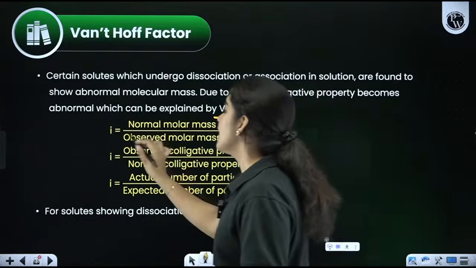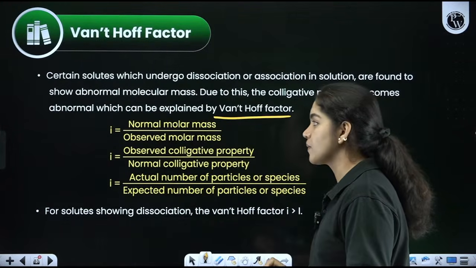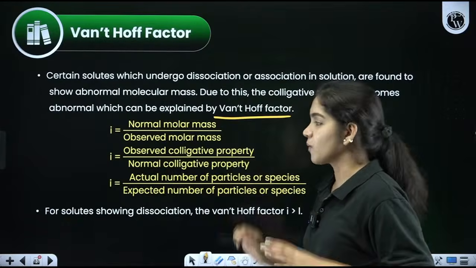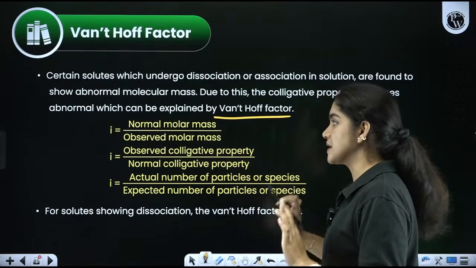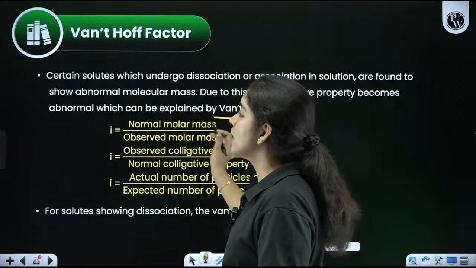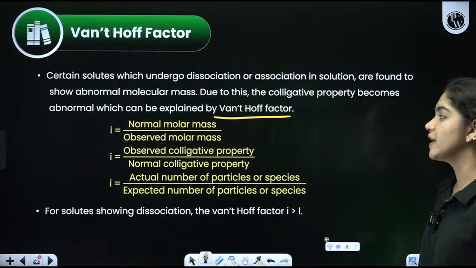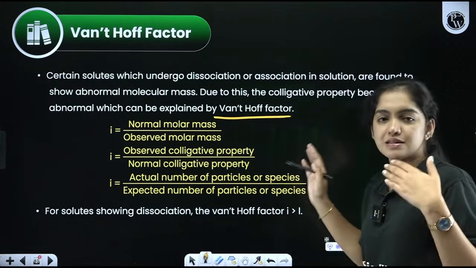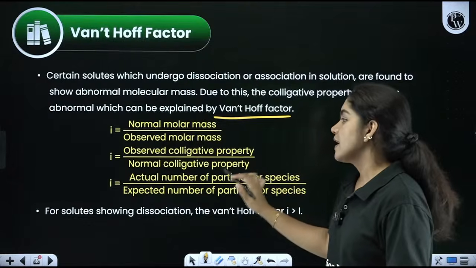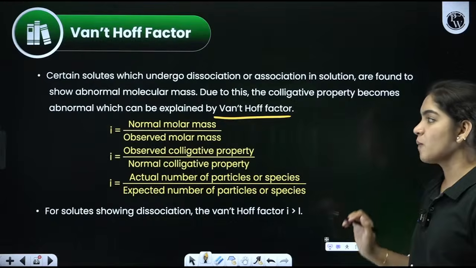Then i is given by normal molar mass divided by observed molar mass. Also, i equals observed colligative property divided by normal colligative property. And lastly, i equals actual number of particles divided by expected number of particles.